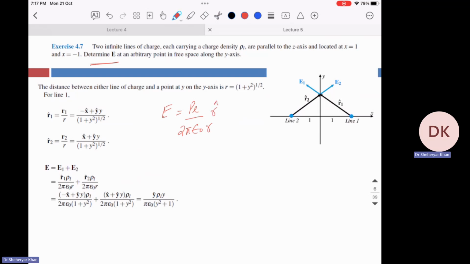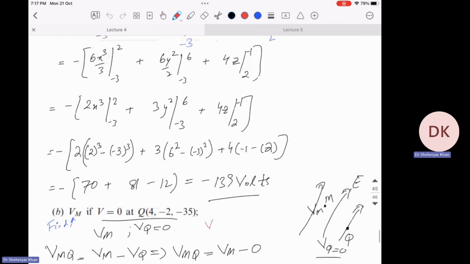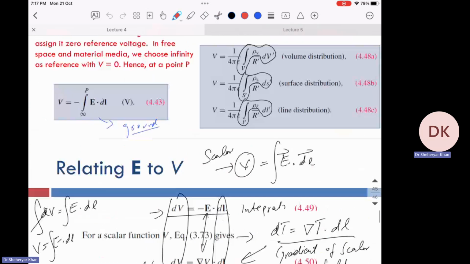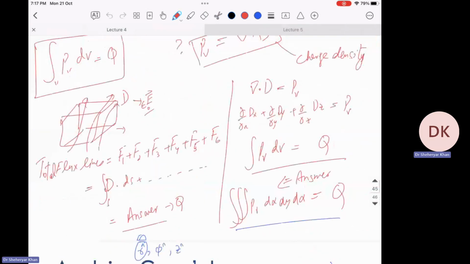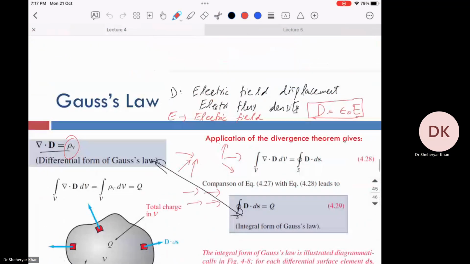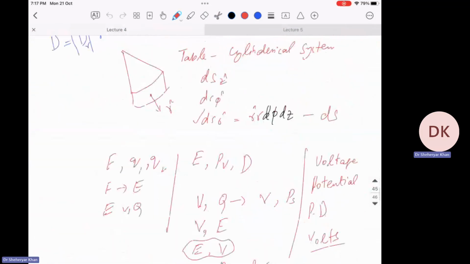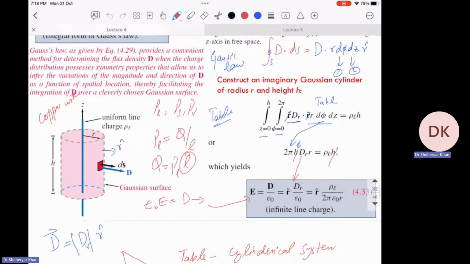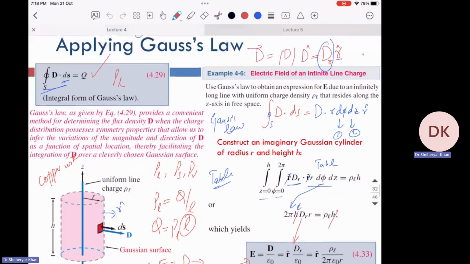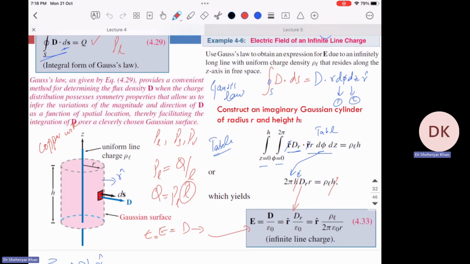So if you're wondering where we got this formula, we need to go and see the application of Gauss's law, right? So if you see here, we use this along the application. If we apply Gauss's law, okay, we get the line charge electric field, rho L over 2 pi epsilon naught R. Okay, so we can use this formula here.